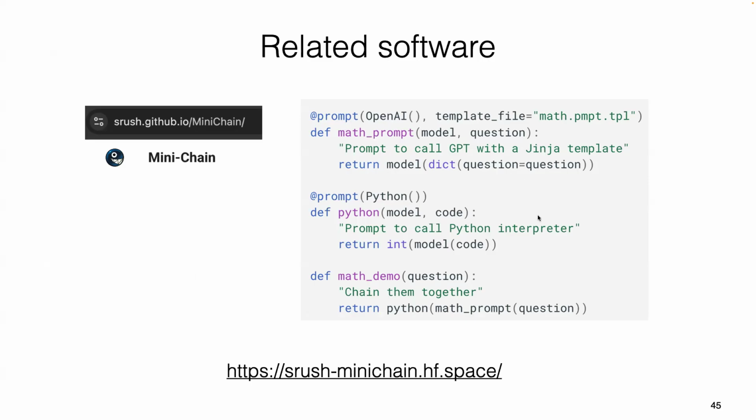For instance, here you have one function which is calling a language model given a math question. And then you have another function which is calling a Python interpreter with the code that the model output. You can view this as a program that first calls the language model and then calls the Python program. And you could imagine building more complex chains like this.